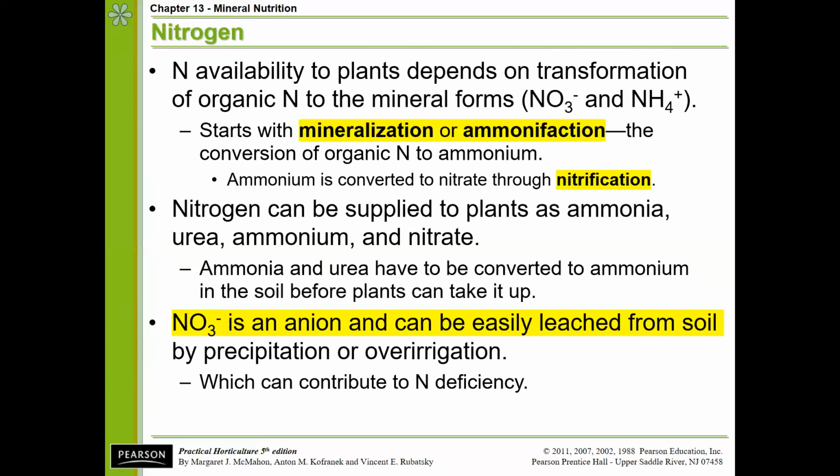Nitrate is an anion, and being negatively charged, that makes it much more easily leached from the soil, because as water enters, it's positively charged. So it can bind to nitrate and leach it more easily. So that can happen naturally through precipitation or through over-irrigation, which can contribute to nitrogen deficiency, but also to pollution of things like waterways.